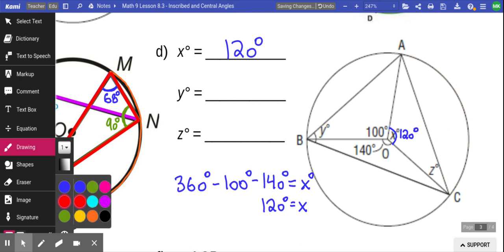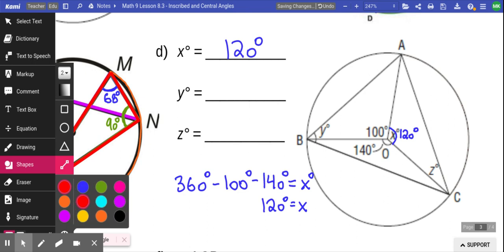Let's start with Y. Y is created from going from A to B to C, so I want to somehow connect that to a central angle. The way I create a central angle is by going from A to the center to C. Sorry, I keep saying Z to C. That central angle should be connected to that inscribed angle, and we know that the central angle is 2 times the size of the inscribed angle, or the inscribed angle is half the central angle.